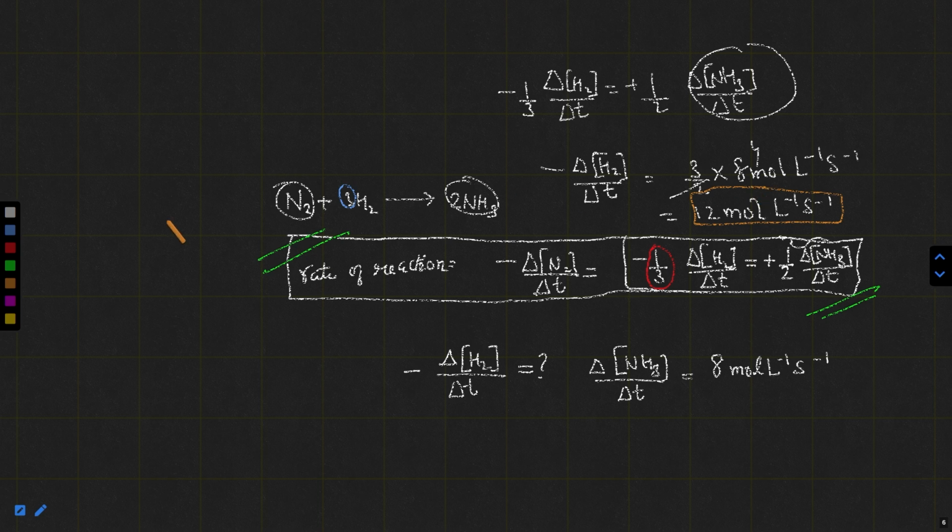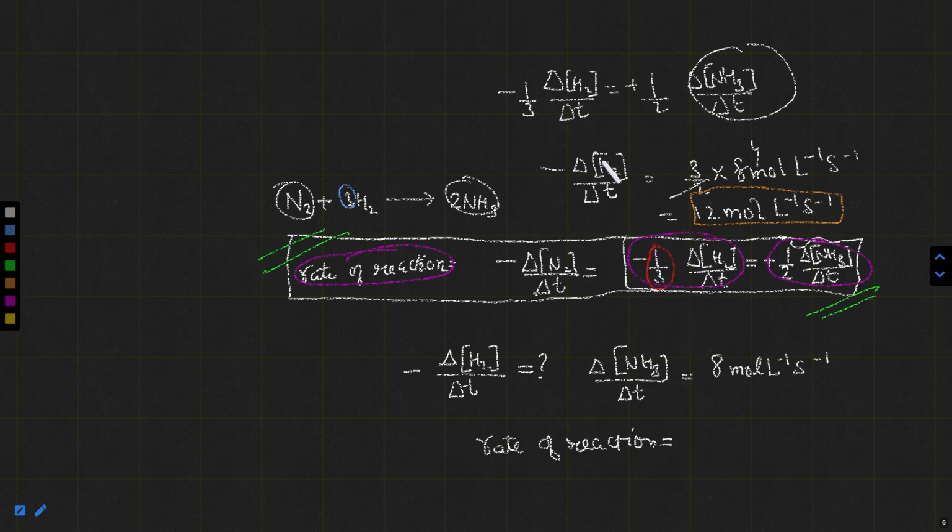Now again you are asked, what is the rate of reaction? If you take this part and equate it with this one or this one, since you have both of these values, then you can get the rate of reaction. So first of all, let us see what happens if we take this one.